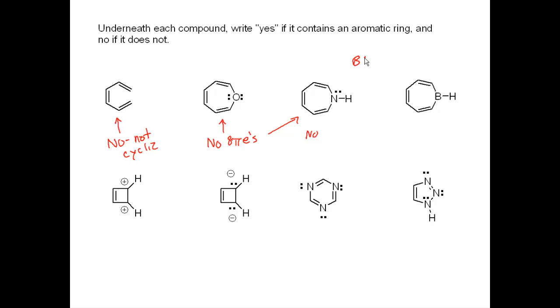Recall that the structure of BH3 is this with an empty p orbital. Thus, we have an empty p orbital here, and this is actually aromatic. It's 6 pi electrons. Okay, the cyclobutadiene dication, this is yes, because it's 2 pi electrons.